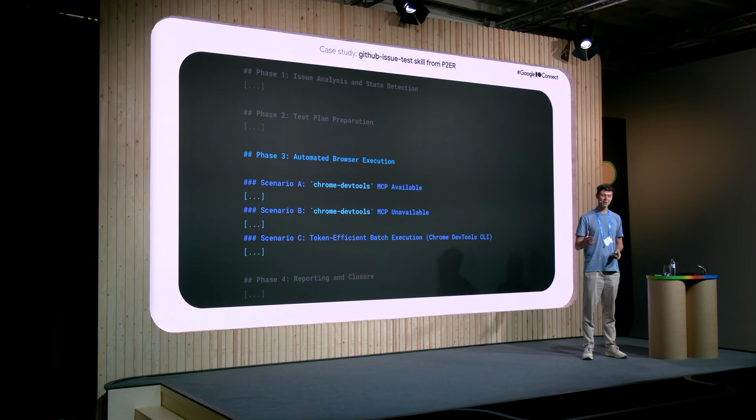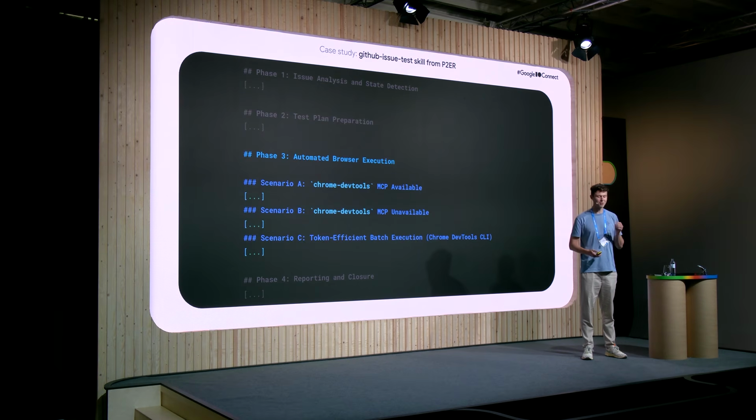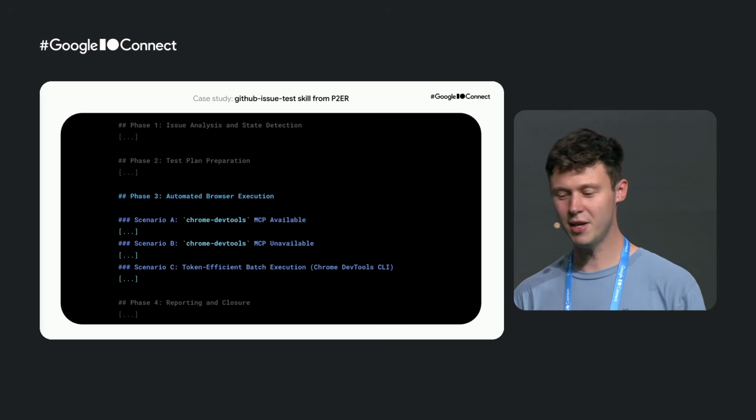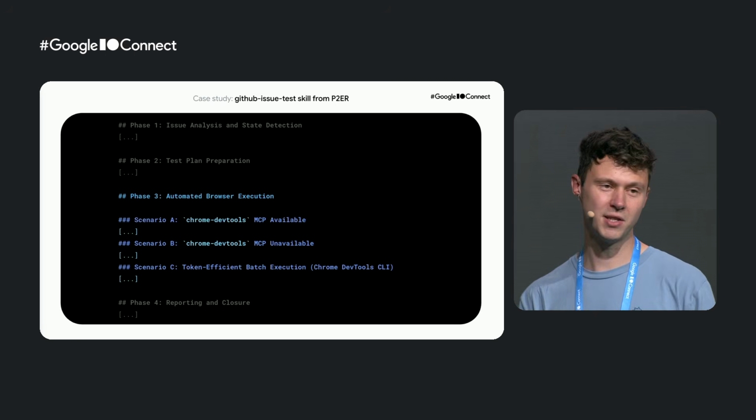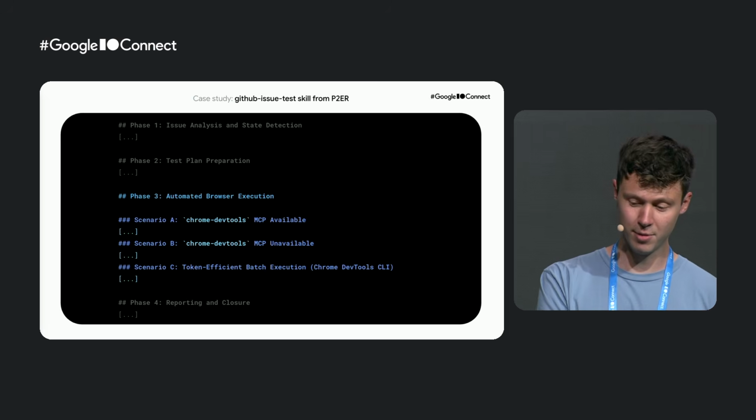But let's briefly look into how phase 3 is defined in the skill to give you an understanding of how detailed such a skill needs to be in order to be successful. Before we dive into the details, there is one thing already standing out from this truncated excerpt. Pear defines 3 possible scenarios for phase 3. Scenario A, Chrome DevTools MCP is available.